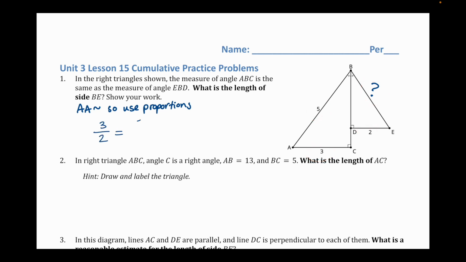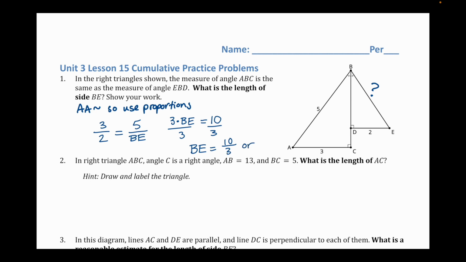3/2 equals 5/BE. So that means 3 times BE, or whatever that length is, is going to equal 10. Divide both by 3, and you would have BE. You could leave it as 10/3.